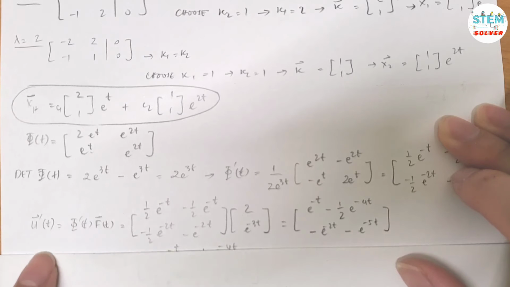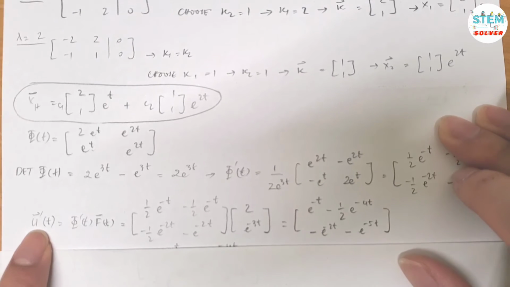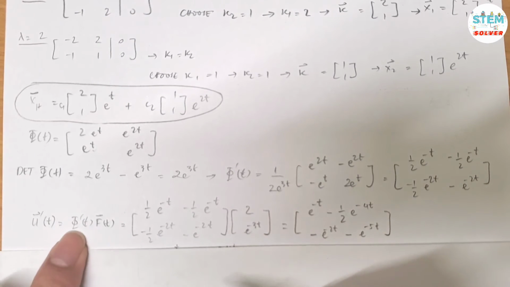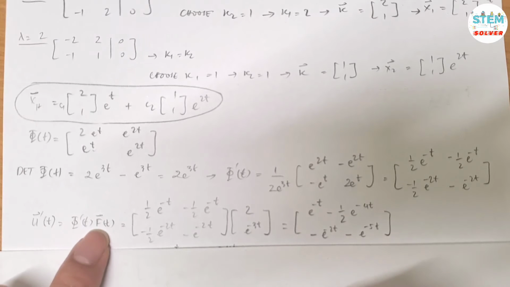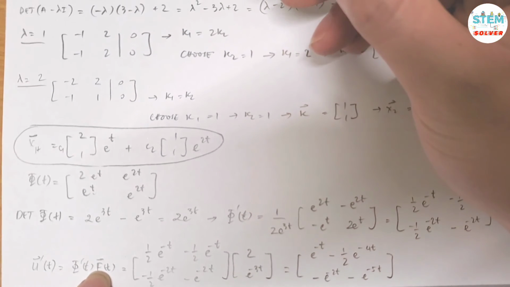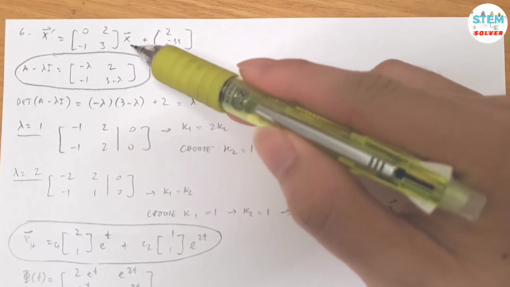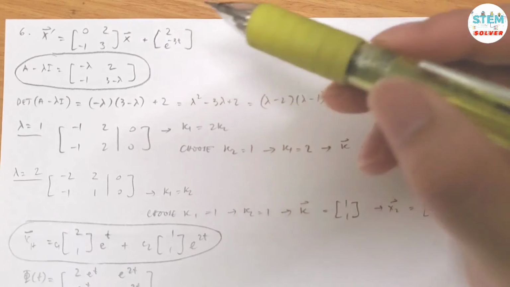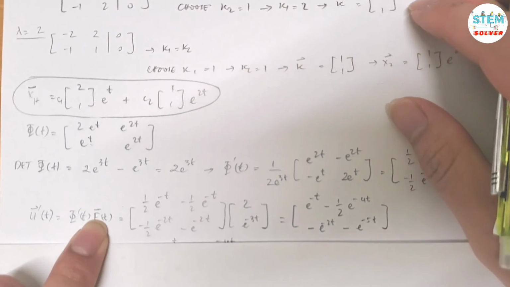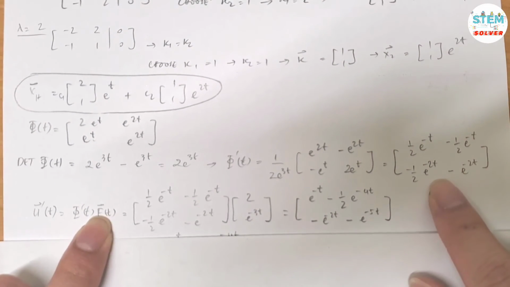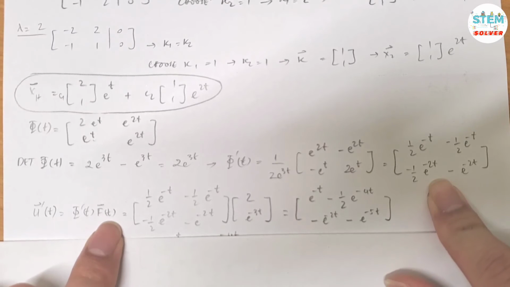Alright, now it's time to find vector u prime of t, which is equal to inverse phi of t times f of t. What is f of t? F of t is whatever is left over from vector x. Okay, and then inverse phi of t is what you just found up here. So here's a little note.